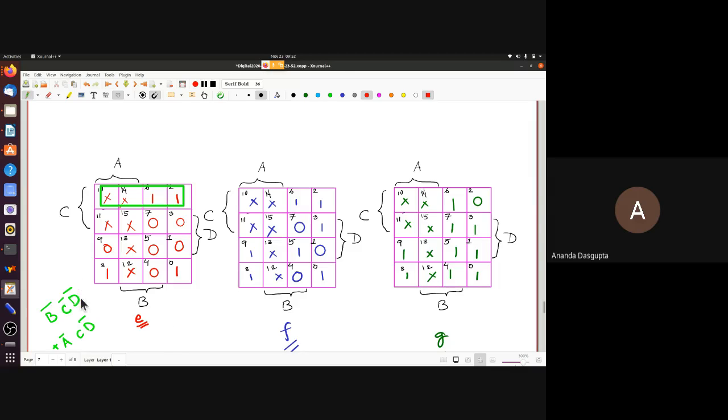This is also correct, but the simpler expression is C, D bar: C, outside D. You would agree that it's much simpler than either of these two expressions. But that's not all, right? You have these two to begin with, to end up with. So how would you simplify that? Any idea how you would change that?